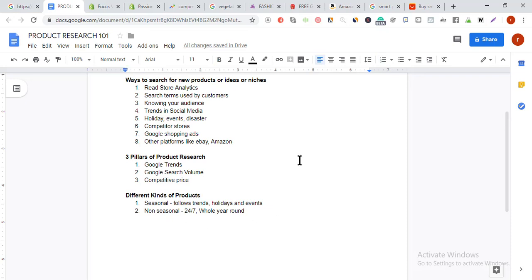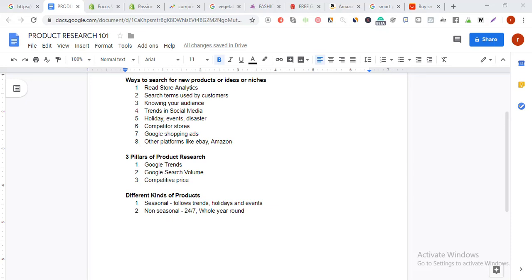The non-seasonal items are the 24/7 items, the whole year-round items, like people are needing them the whole year round. What are those items? Maybe kitchen items, sex toys, maybe, what else? Like the baby stuff, those kinds of things that people are constantly using the whole year round. So those are the non-seasonal items.